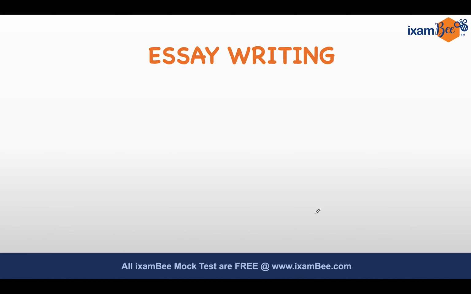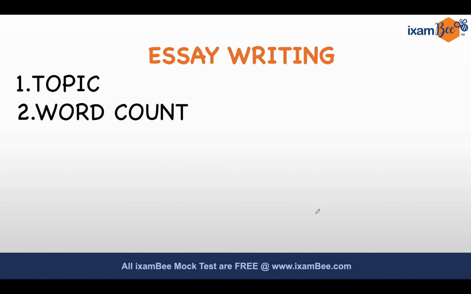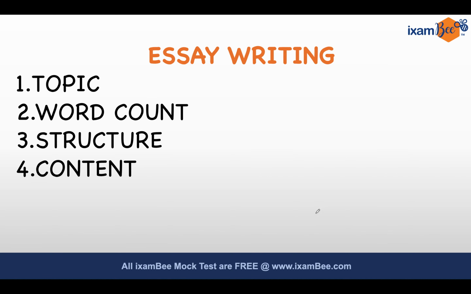So when it comes to essay writing, there are 5 things you should always remember. Number 1, topic. What about the topic? We'll come to that later. But before that, you need to remember that topic plays an important role. What's the second thing? The word count. Next, structure, content, and language.